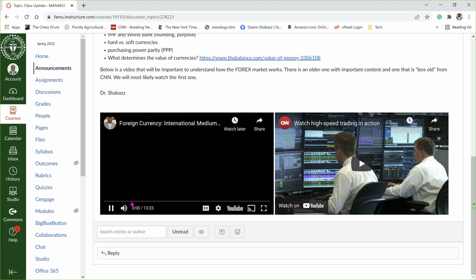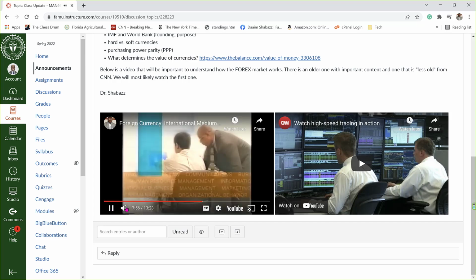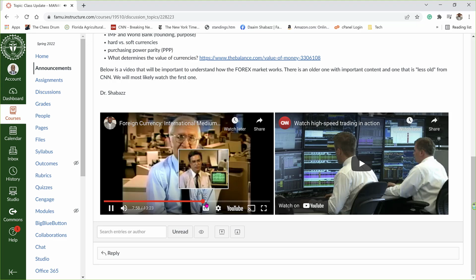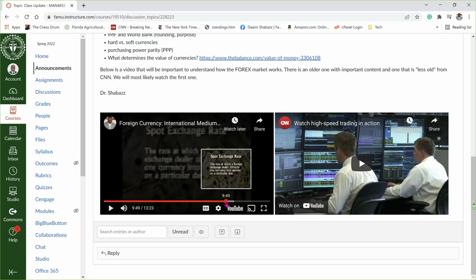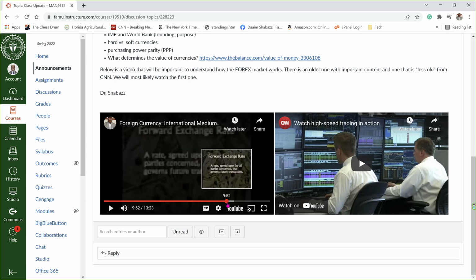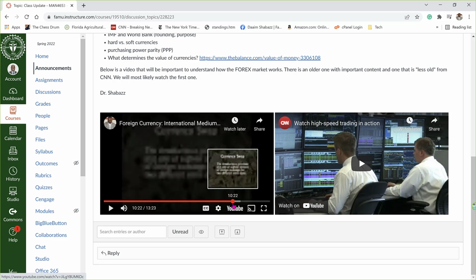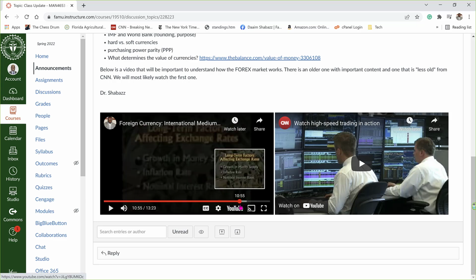They have some very useful information toward the end where it's talking about long-term and short-term effects of currency rates. Then they have terminologies like the spot exchange rate, the forward exchange rate, currency swap, and long-term factors affecting currency rates. Here you have growth of money supply, inflation rates, and interest rates.